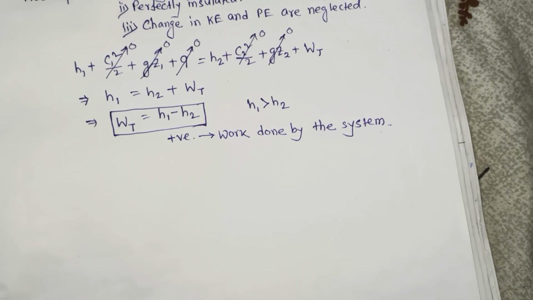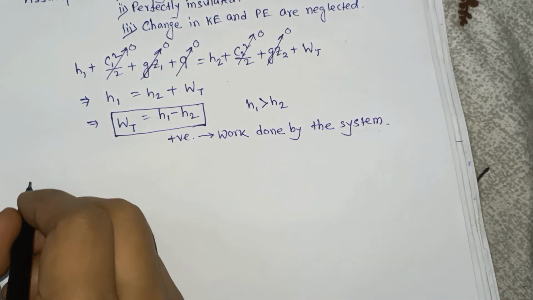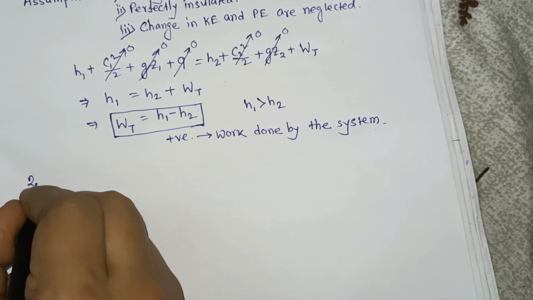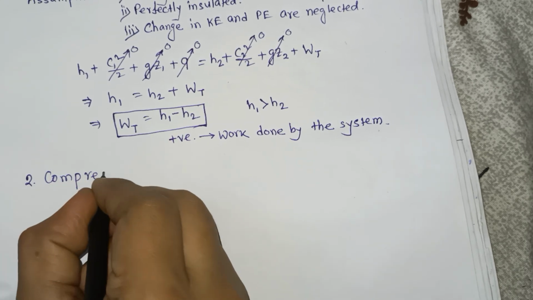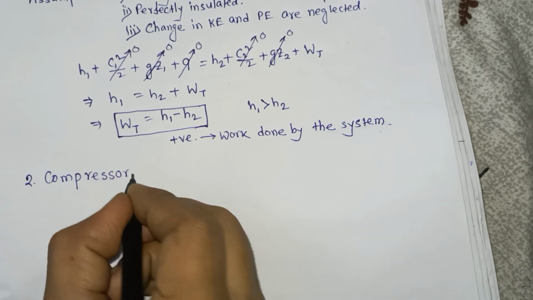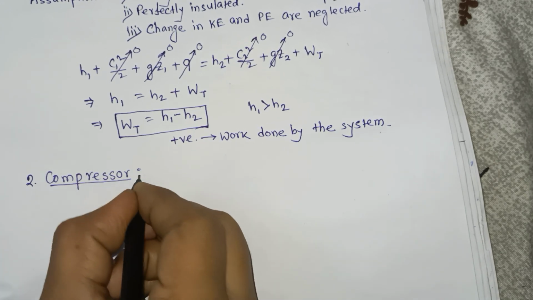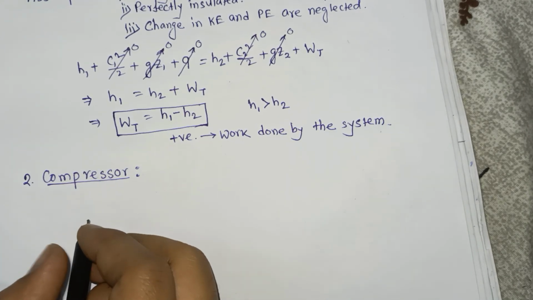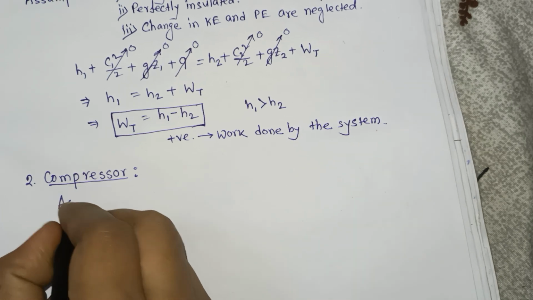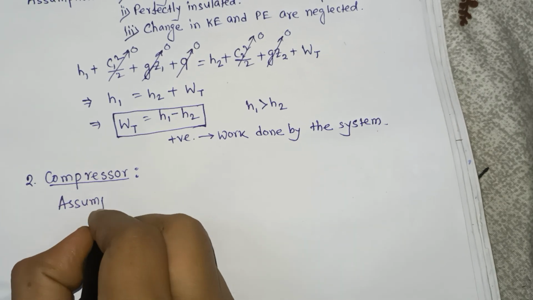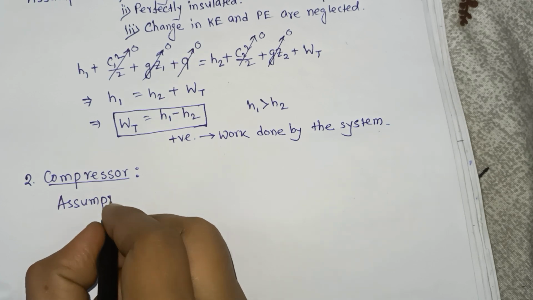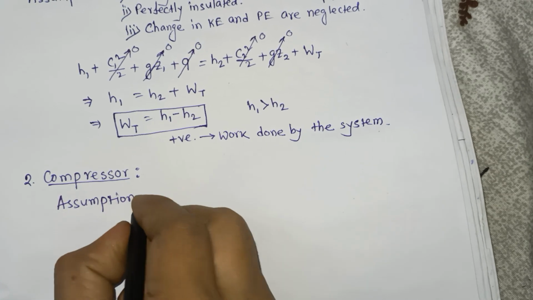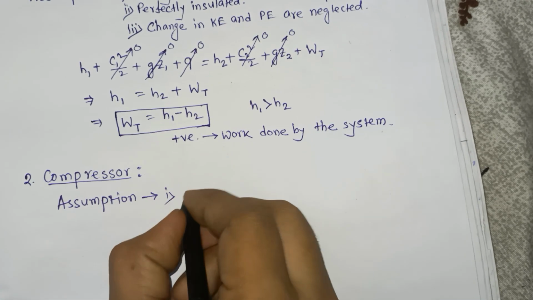Now the second open system, that is compressor. For compressor there are three assumptions. What are these assumptions? First, steady flow.